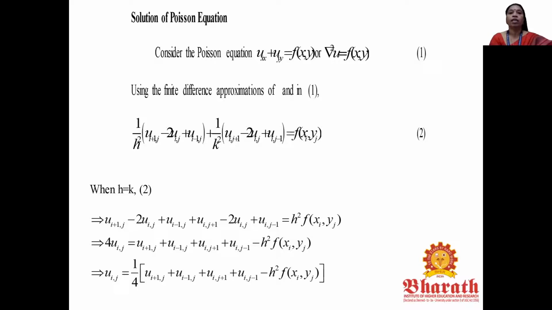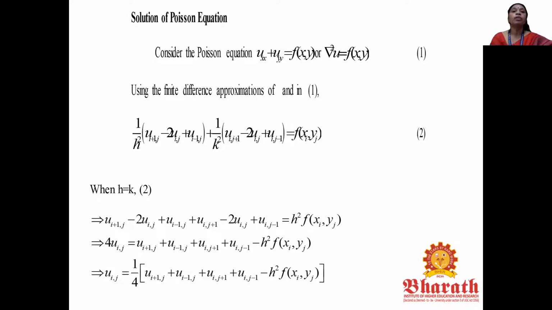So when h equal to k, that is, the increment given in the x coordinate and the increment given in the y coordinate are equal, your equation 2 will become u of i plus 1 comma j minus 2 into u of i comma j plus u of i minus 1 comma j plus u of i comma j plus 1 minus 2 u of i comma j plus u of i comma j minus 1 is equal to h square into f of xi comma yj.